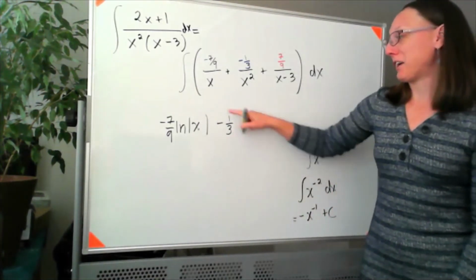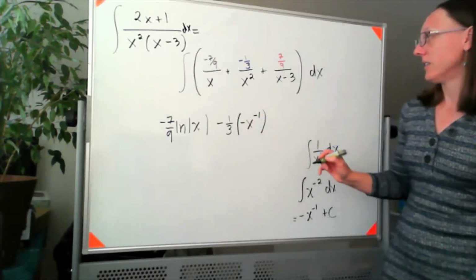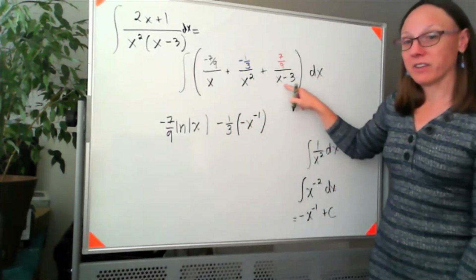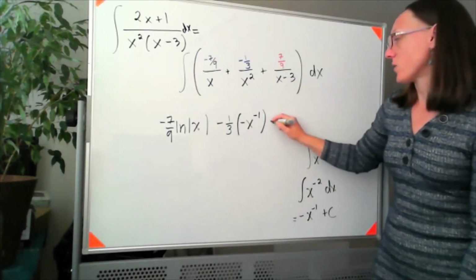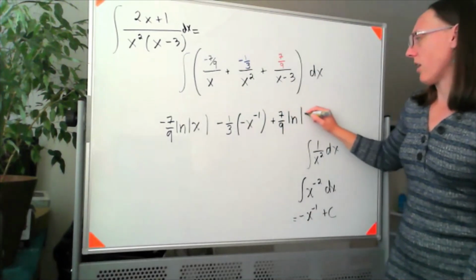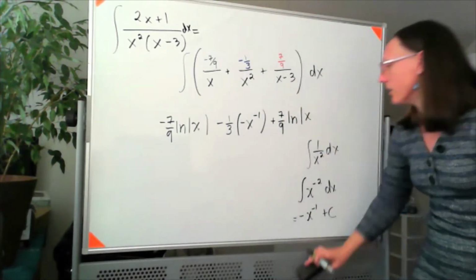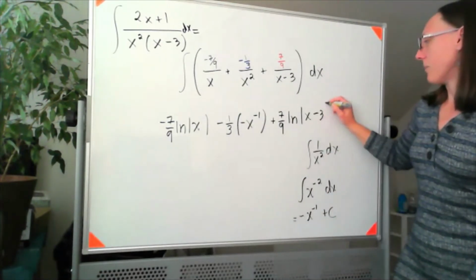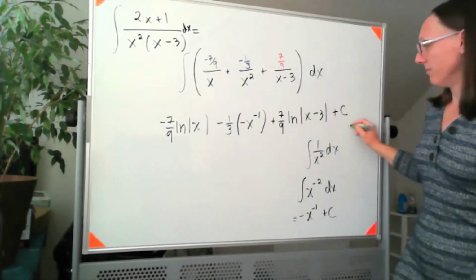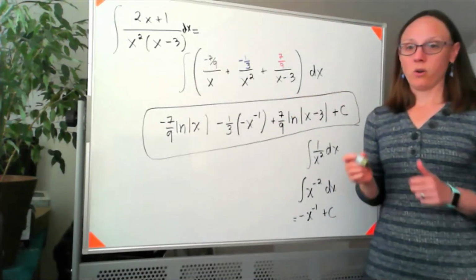So I've got negative 1/3 times negative x to the negative 1. Here, I do have a linear term in the denominator, so I'm looking at 7/9 natural log absolute value. Oh, x minus 3, not x plus 3. X minus 3 plus a constant. Whole heck of a lot of work.